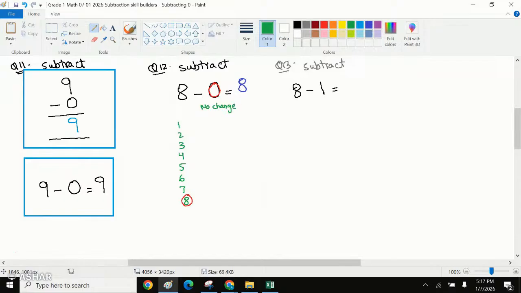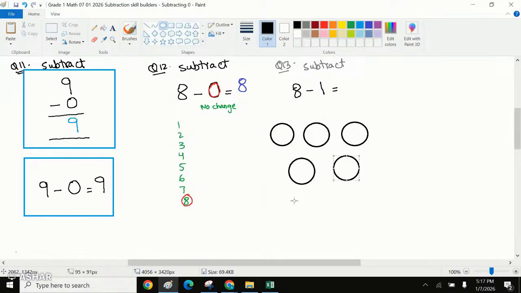But when we subtract 1, let's suppose we have 8 circles, 1, 2, 3, 4, 5, 6, 7, and 8. Okay, we had 8 circles over here. And out of these 8 circles, we had to remove how many? In question number 13, we had to remove 1.